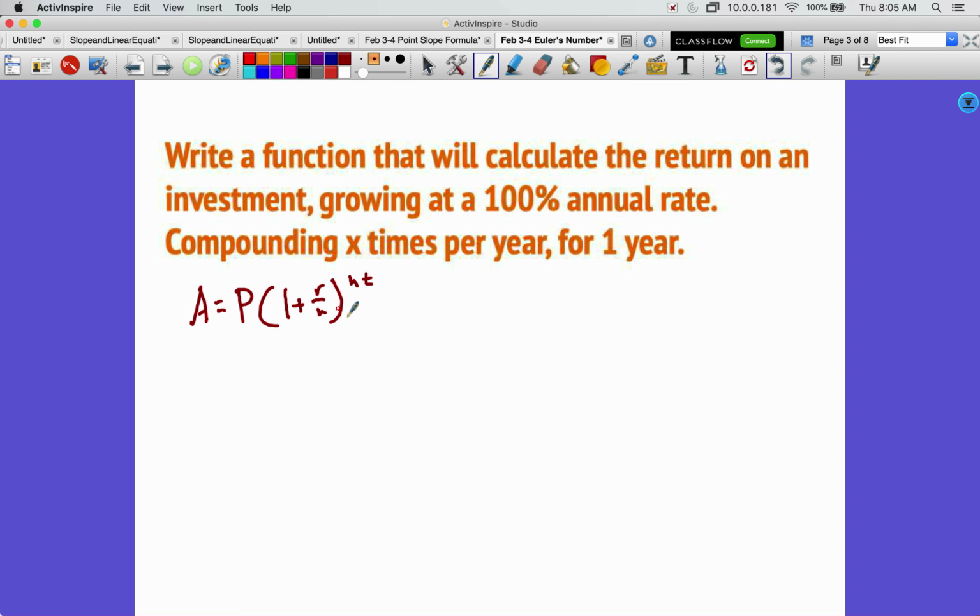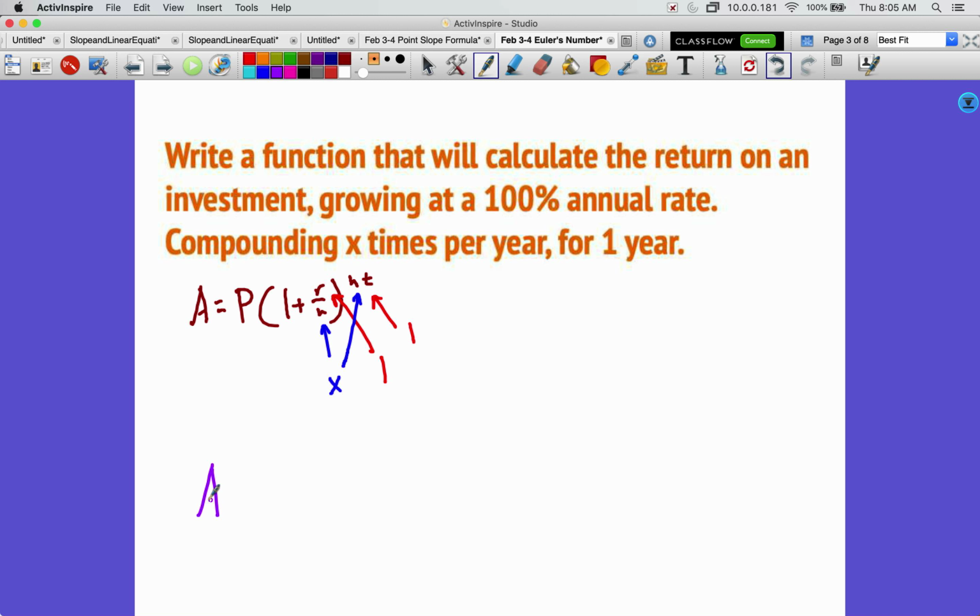So I know t is 1 year, and the rate is 100%, which expressed as a decimal would be just a 1. And then x times per year just means swap out these n's for x's. And I think that's all I can do.